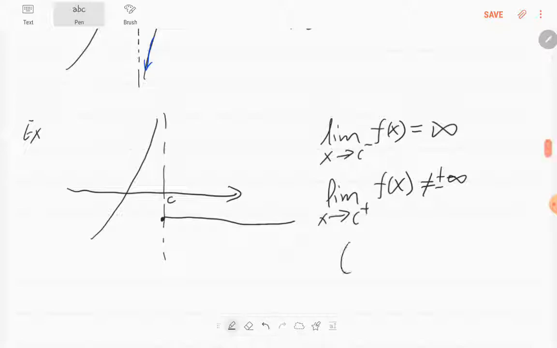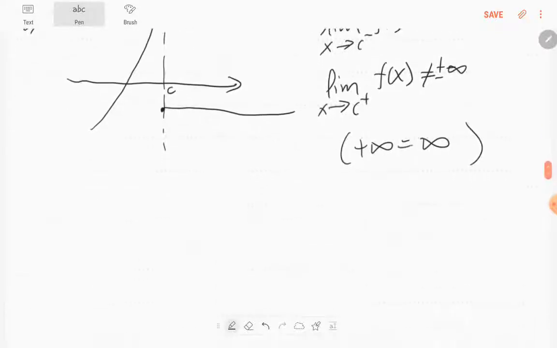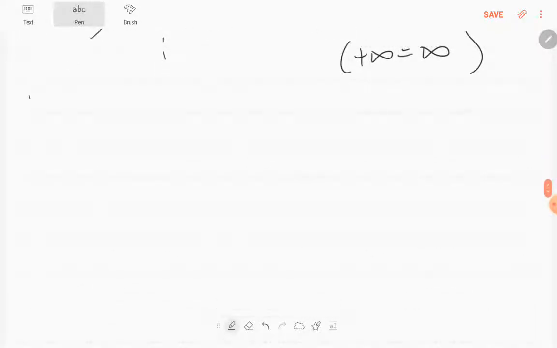So here we say the positive infinity is the infinity. Okay, from these examples, we notice that if a one-sided limit is infinity or negative infinity, then x equals c, which is a vertical line, would be a vertical asymptote. So this is the definition for the vertical asymptote.